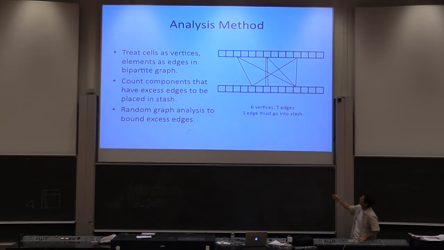Now we have to start bounding the probability of things where we have 6 vertices, but 7 or more edges trying to be placed into them. So we essentially have to go back to random graph theory and bound the probabilities of these sorts of components happening. Using random graph theory, we can get bounds on what the stash performance tells us.